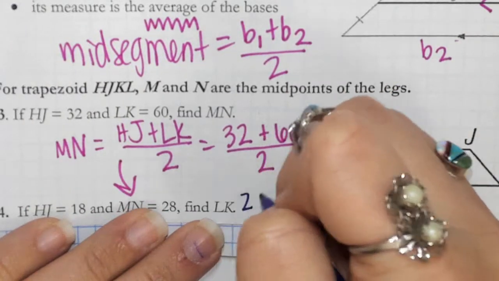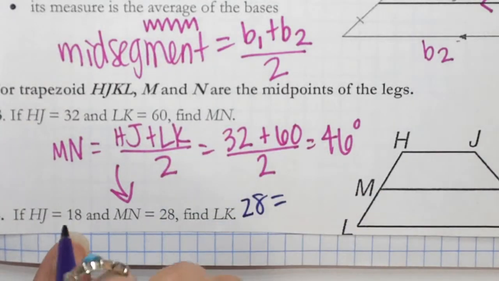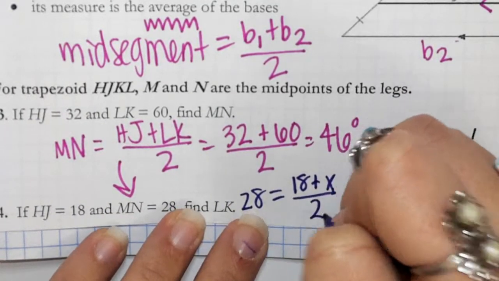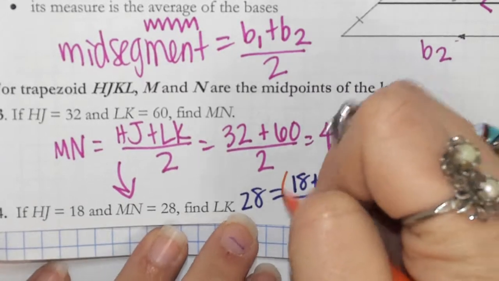All right, so we're going to do 28 equals 18 plus X divided by 2. Now, this is now a fraction. And fractions are what mathematical operation? Division. And what's the opposite of division? So what are we going to multiply both sides by to kill that 2? 2.